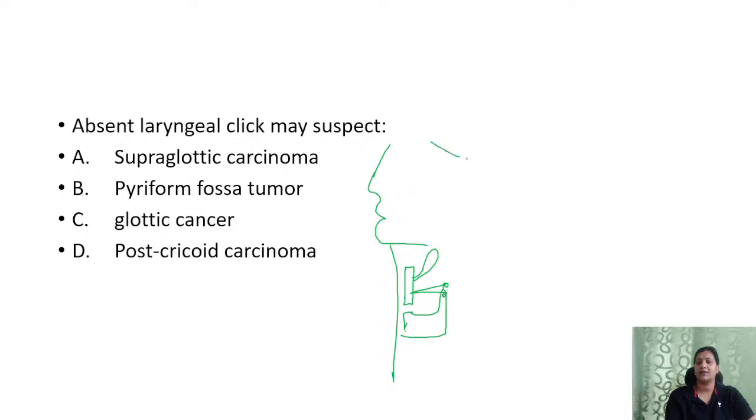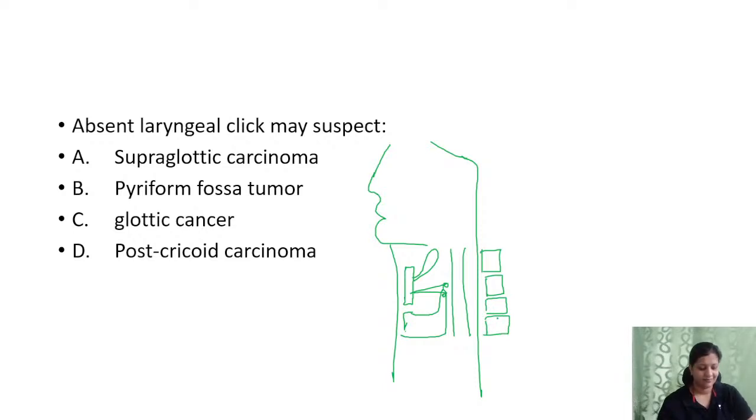What should it make you suspect? So absent laryngeal click is called Boca's sign. What is absent laryngeal click called? It is called Boca's sign.